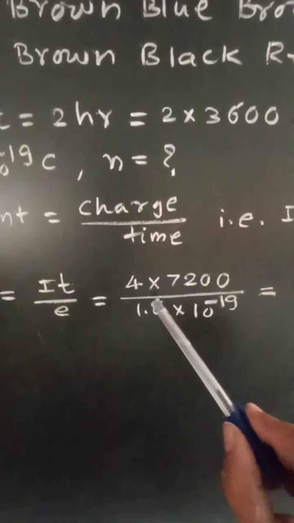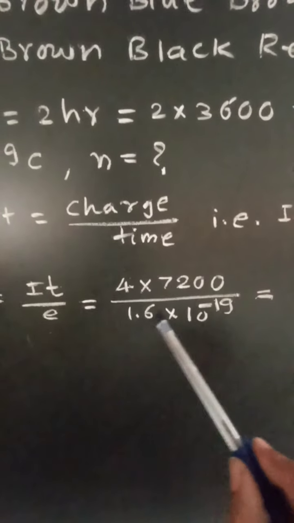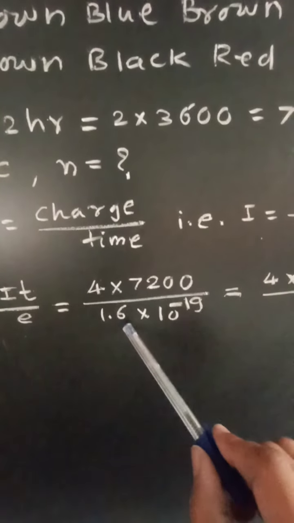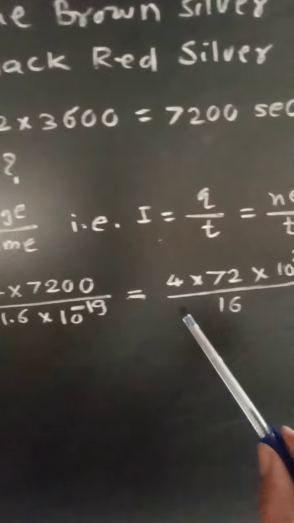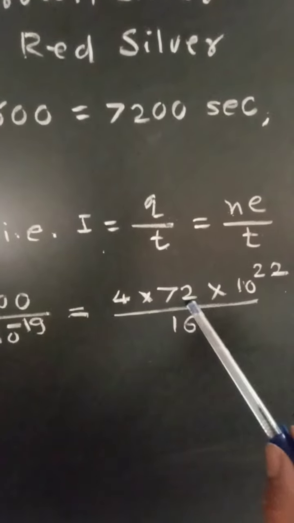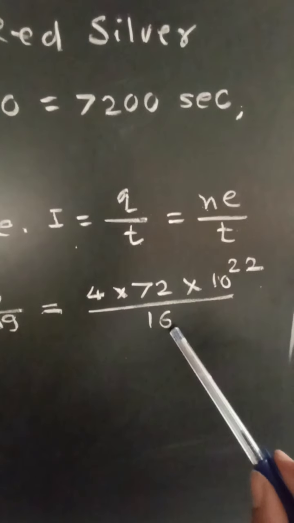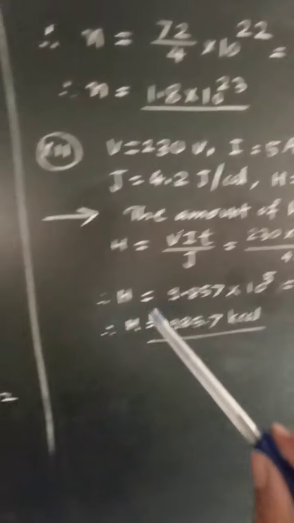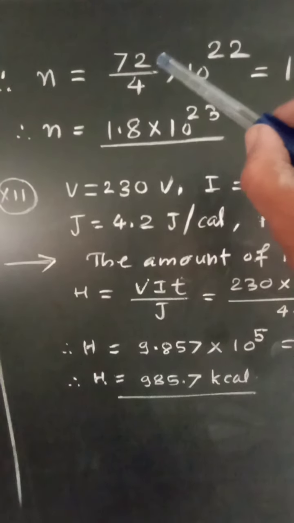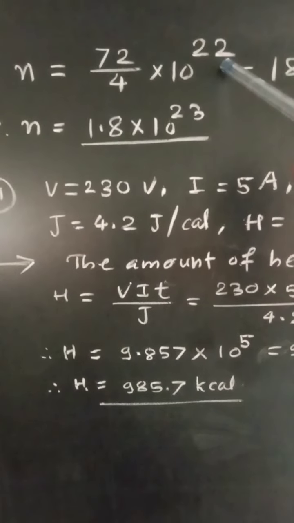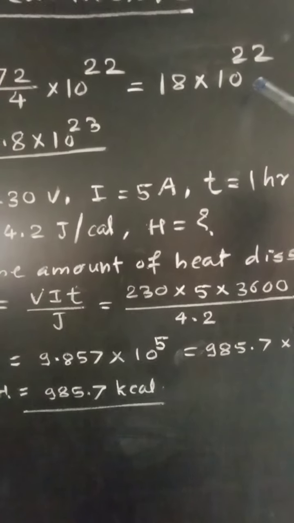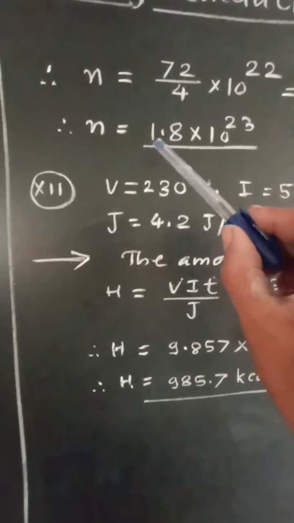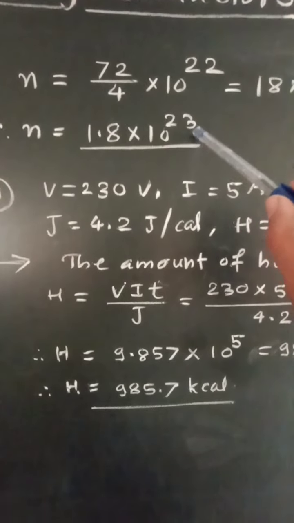Putting the values, we will get 4 into 7200 divided by 1.6 into 10 raised to minus 19, which will be written as 4 into 72 into 10 raised to 22 upon 16, which will be equal to N is equal to 72 by 4 into 10 raised to 22, which is equal to 18 into 10 raised to 22, which will be written as N is equal to 1.8 into 10 raised to 23.